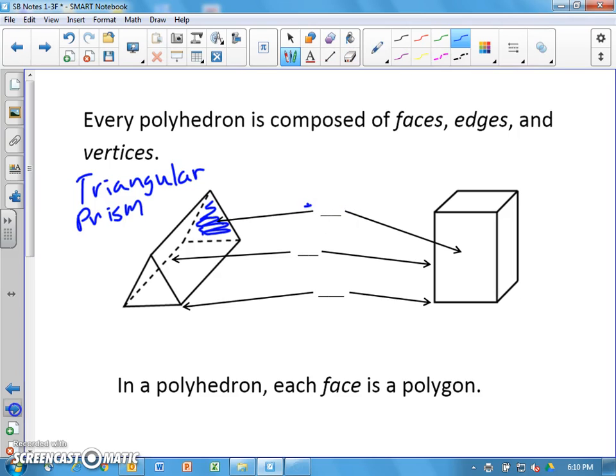In general, it's a face. It will be our base. But in terms of faces, edges, and vertices, this is the face of the figure. Over here, you're looking at this rectangle. That would be the face of our rectangular prism.